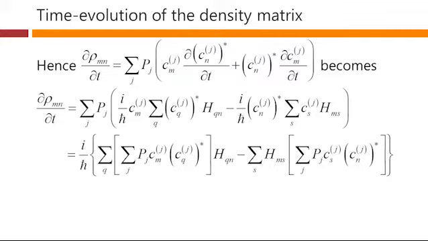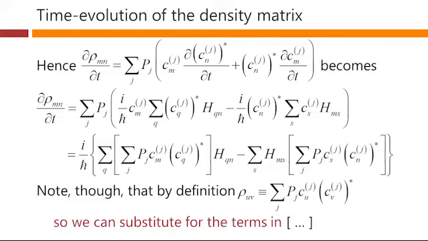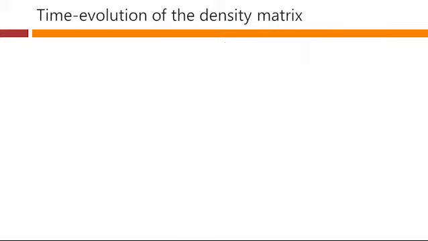And we can regroup the terms here, moving the sums around, moving this sum over J inside the sum over Q, and similarly inside the sum over S. Note that by definition, of course, this element of the density matrix is just this expression, so we recognize these kinds of elements appearing in here. So we can substitute for these terms based on density matrix elements.